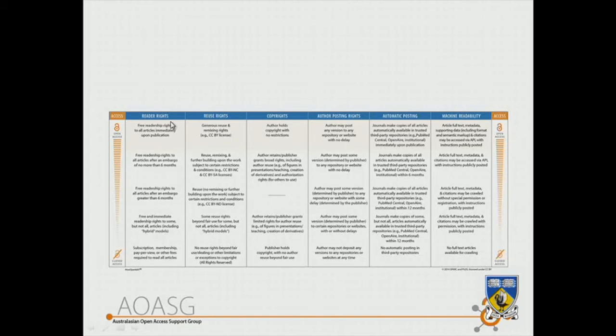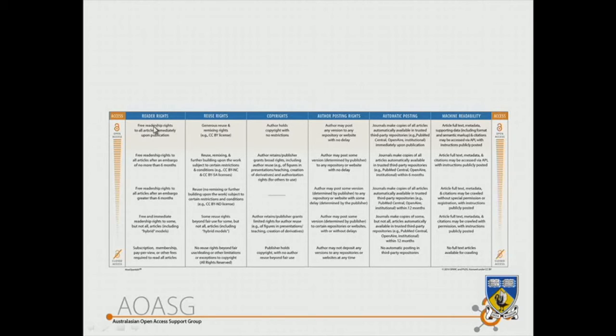And the most important thing about this is that it's not trying to be prescriptive, this is just one way of thinking about open. What it's doing is saying if you have something in front of you and you want to understand whether something is open or not, this gives you a way of looking at it.